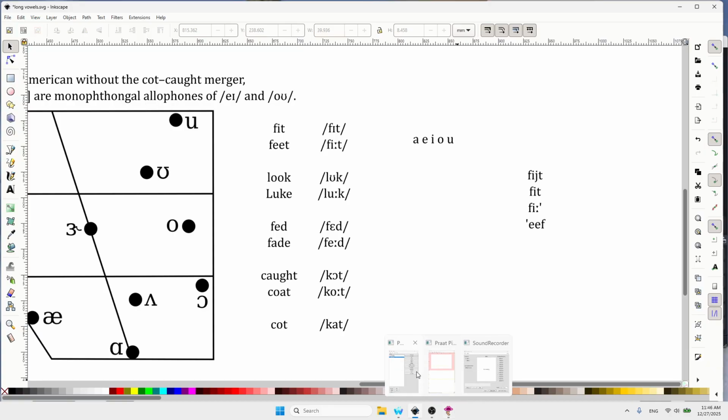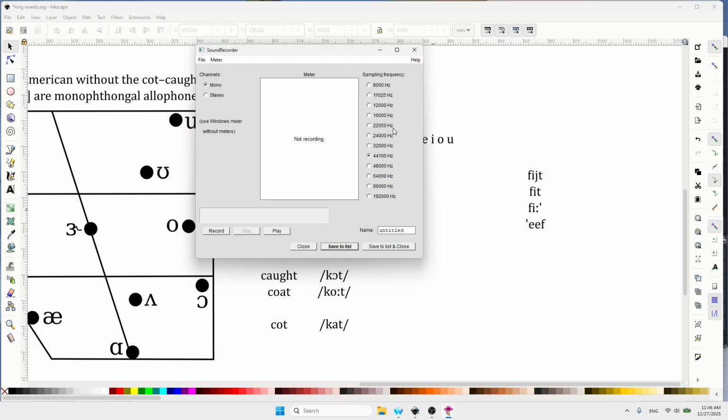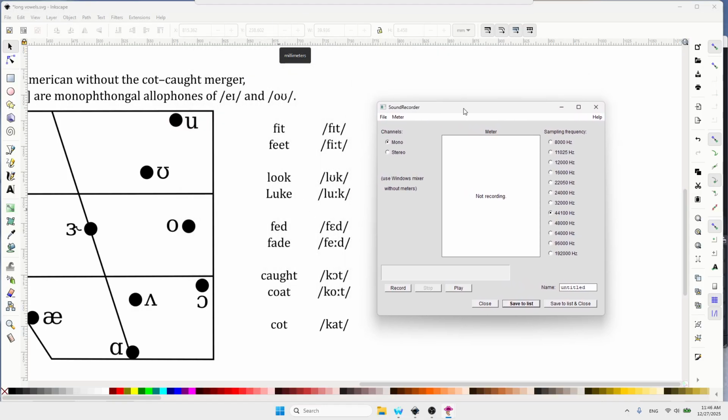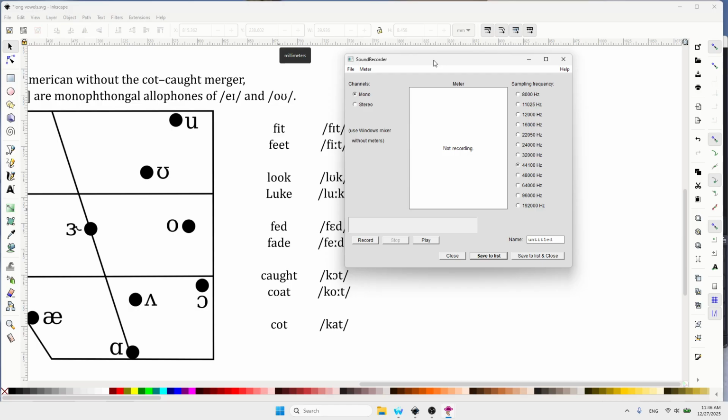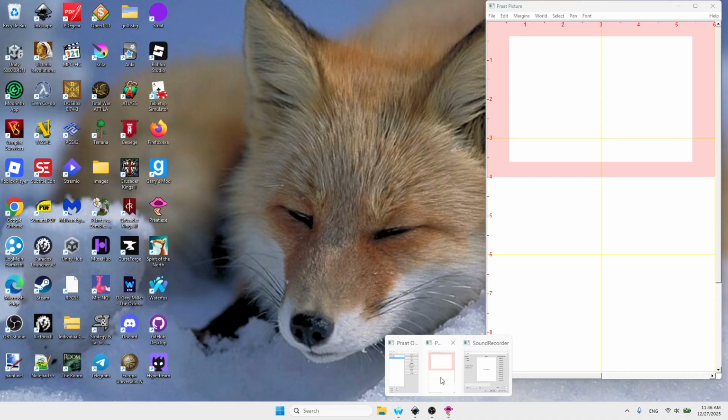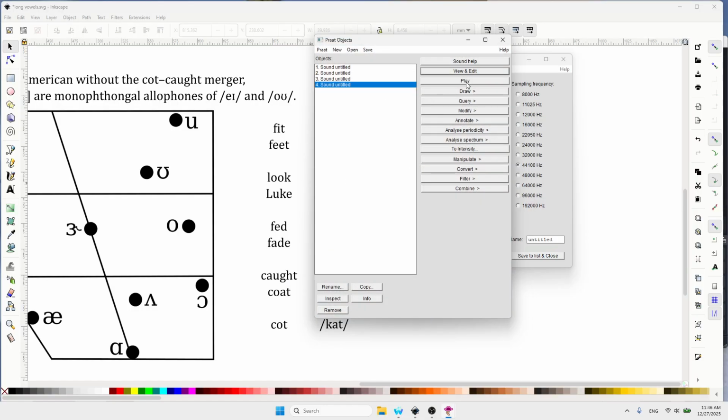Let's see what would be good to test that out. Like cat, maybe it'll sound like tat, or maybe it'll sound like ack. I'm not exactly sure how it works in English.